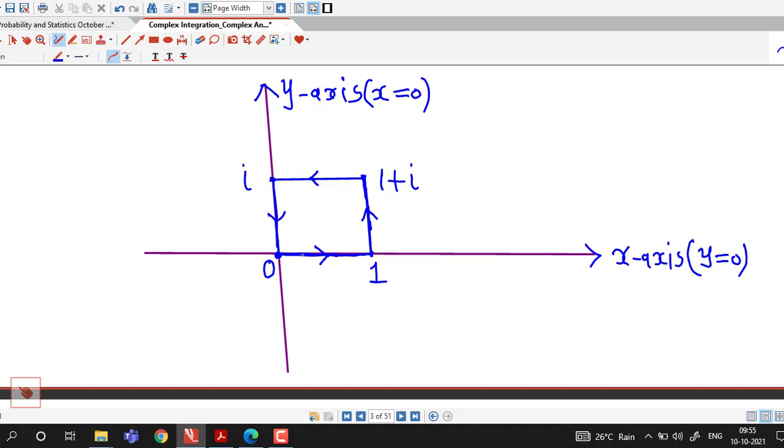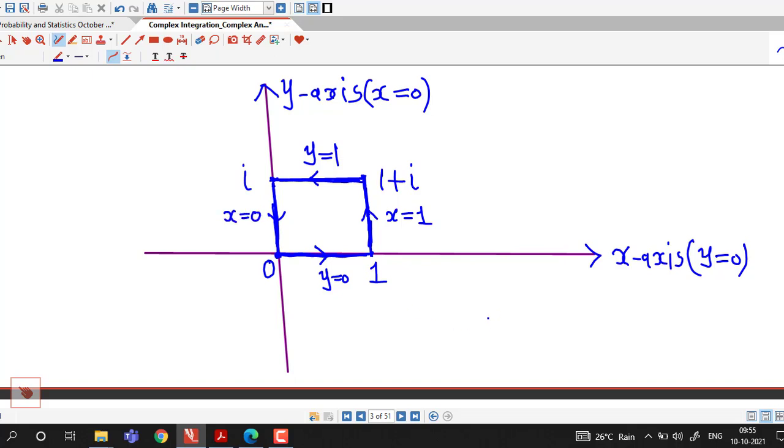If we consider this portion, then its representation is y equal to 0, because it is on the x-axis. If we consider this part, then along this part the value of x is constant, 1. So here we have the equation x equal to 1. Similarly, if we consider this line segment, then at all points on it the value of y is 1. So the equation for this line segment is y equal to 1, and the same thing here, this is on the y-axis, so here we have x equal to 0.